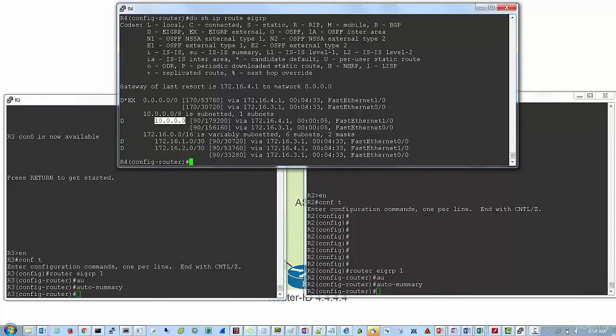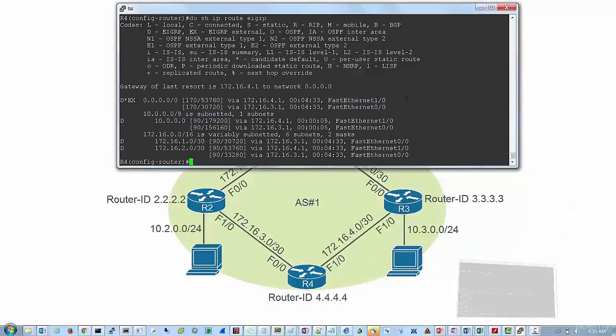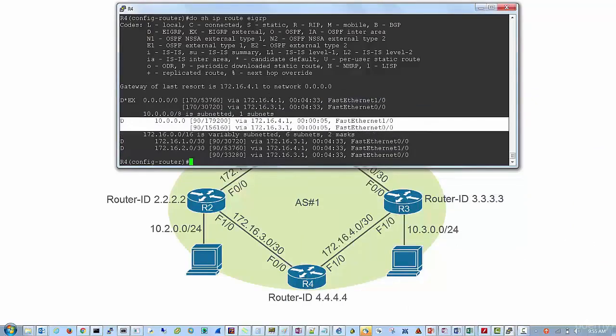So you can see how the auto summary can really mess up your topology. R4 doesn't know that it should go to R2 for R2's 10.2.0.0 network, and the same for R3. So that's why it's always a best practice to have no auto summary. There are scenarios sometimes where it makes sense to just let auto summarization summarize routes for you, but most of the time it's best to manually summarize so you have control over the summarized routes in your network.